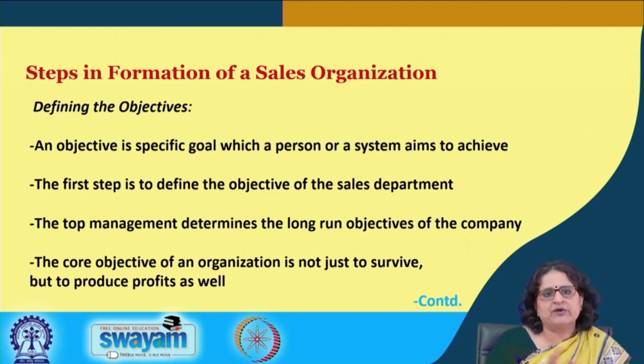So when we define objectives, the objective is a specific goal which a person or a system has to achieve. And the first step here is to define the objectives of the sales department. The top management determines the long-term objectives. The core objective for an organization is not just to survive, but to produce profits as well.